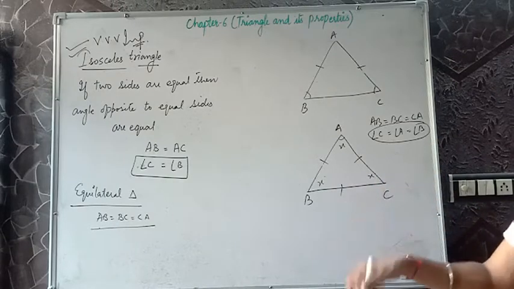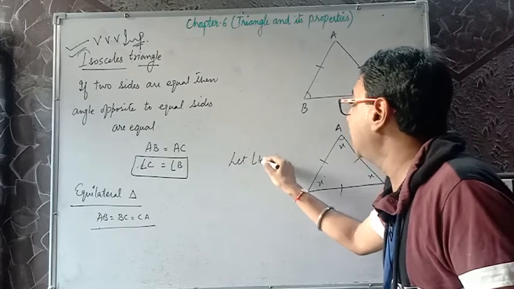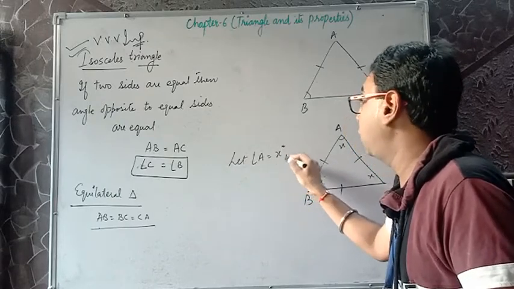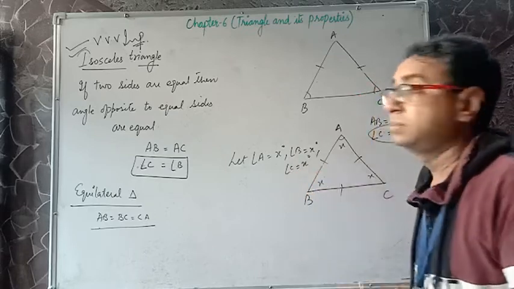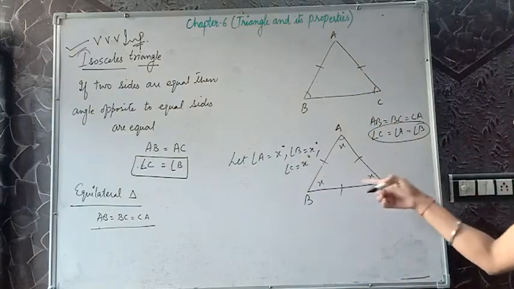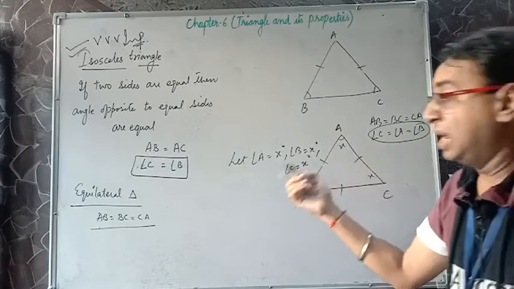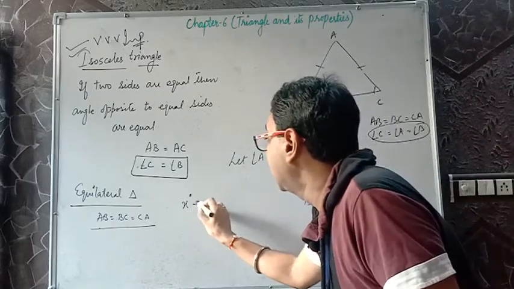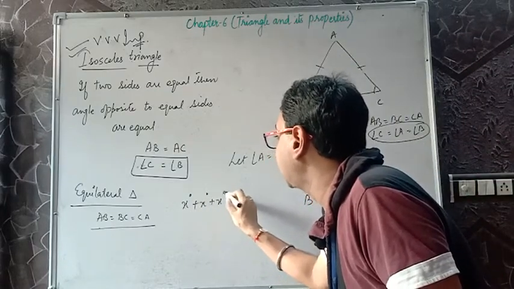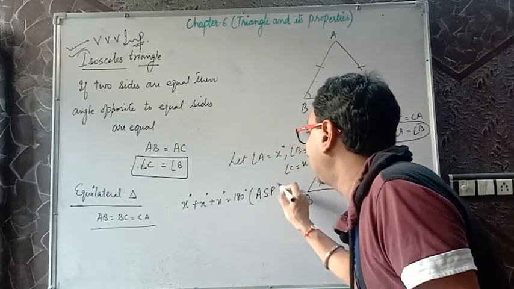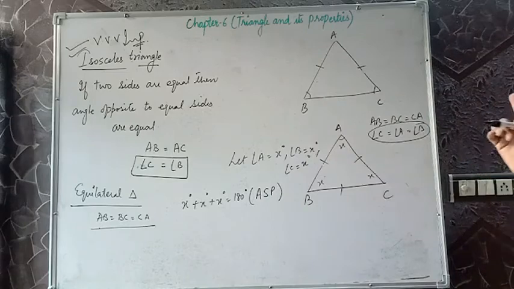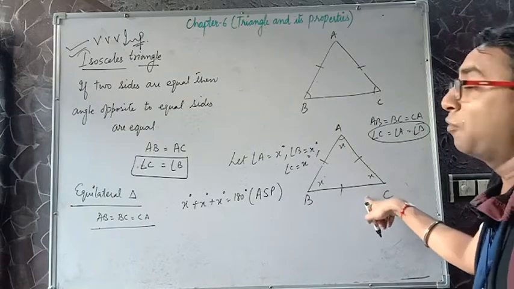Let's prove it, but how? Let angle A be x degree. Therefore, angle B is also x degree. Angle C is also x degree, because angles A, B, C all are equal to each other. Now, x degree plus x degree plus x degree is 180 degree. Why? Angle sum property of a triangle, because the sum of all the three angles of a triangle is 180.